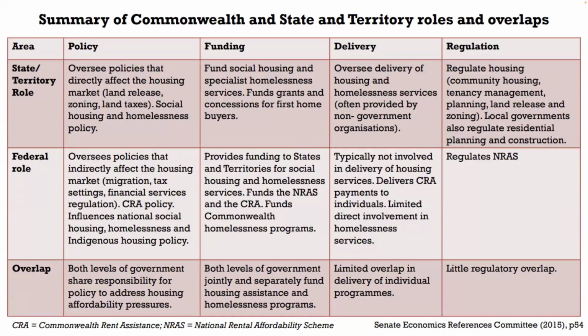In a sense, the federal government provides most of the funding, whereas the state level is in charge of implementing and making sure that things are being done in a certain way.